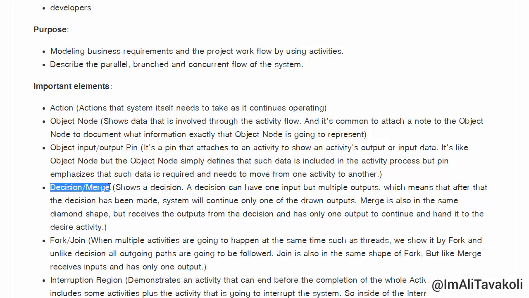And merge is also in the same diamond shape, all right, but it receives the outputs from the decision and has only one output to continue and hand it to the desired activity.